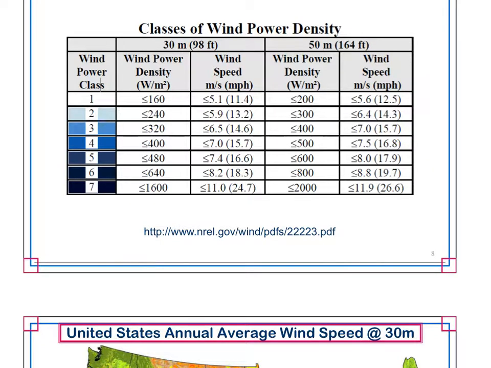Right, so the question is, how do you get a higher power density from wind than the sun? The sun is putting out fairly uniformly over a very large area, about 1,000 watts per meter squared. With the wind, it's more of a concentrating effect, because that surface area is being heated, which then heats the air, and depending on the Earth's rotation and the topography, that wind from that heat gets concentrated into smaller areas.